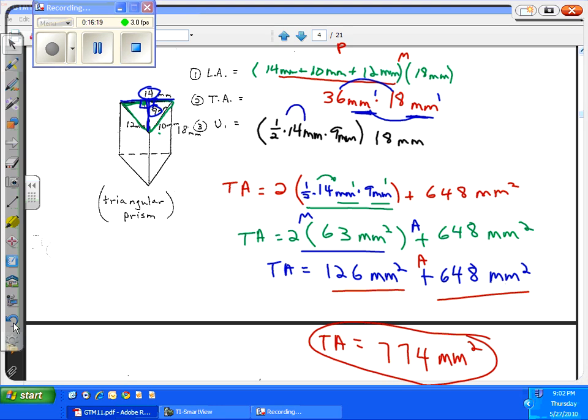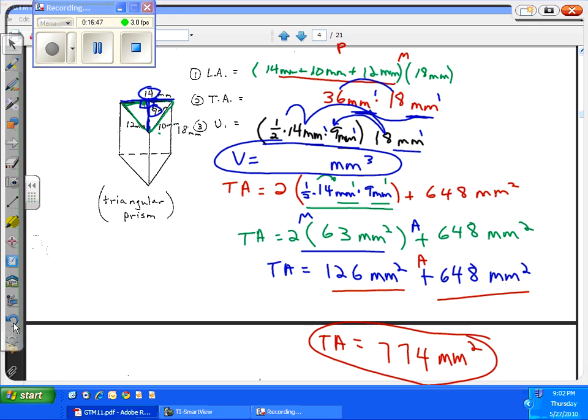So we're going to go 1/2 times 14 times 9 times 18, and then we're going to have millimeter times millimeter times millimeter. When you multiply with like bases, you add the exponents, and so we get cubic millimeters, which we would expect for volume.